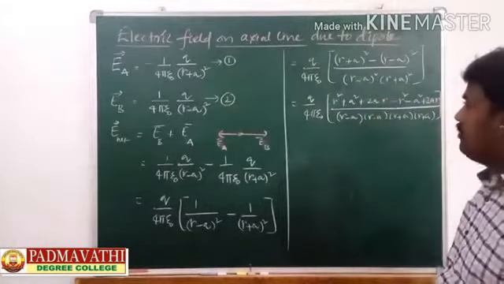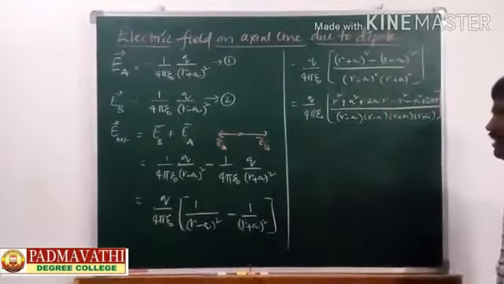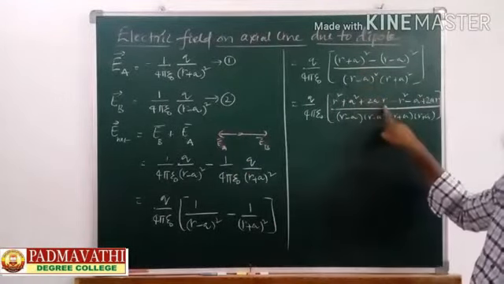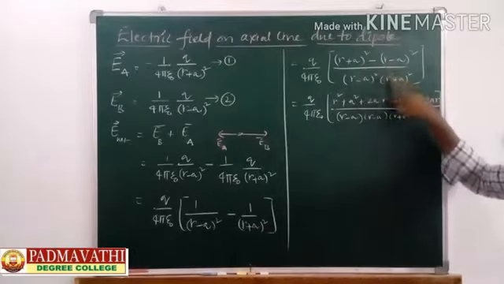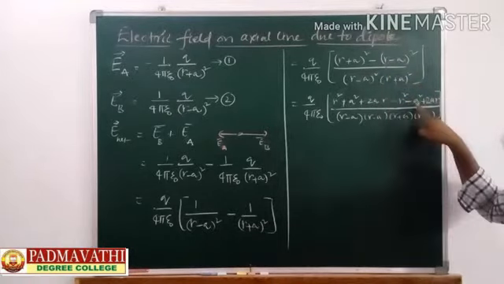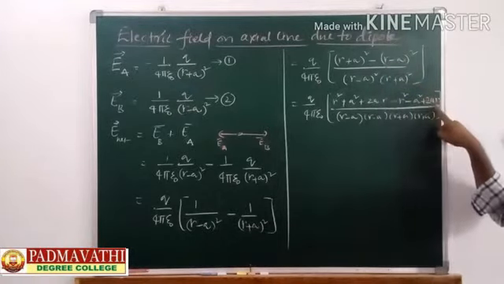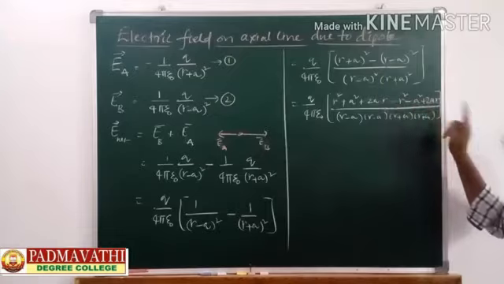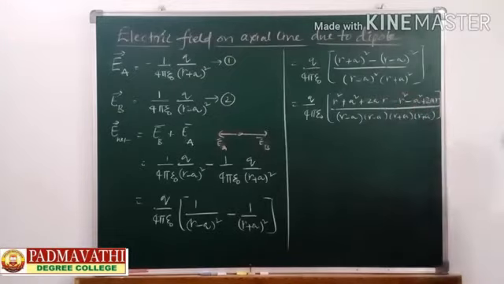This is a simple LCM. And while expanding these terms, you will get R square plus A square plus 2AR, and here this will be R square plus A square minus 2AR. While multiplying with the minus, you will get R square minus A square plus 2AR, so the signs will be getting changed.